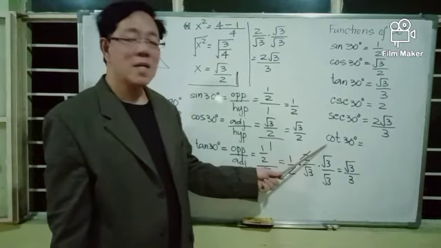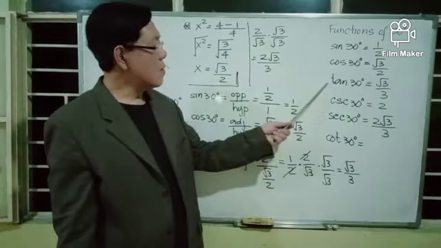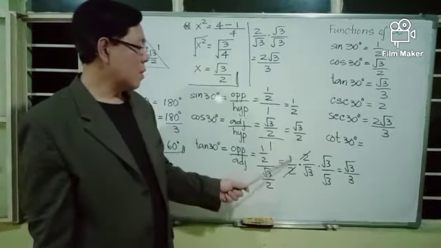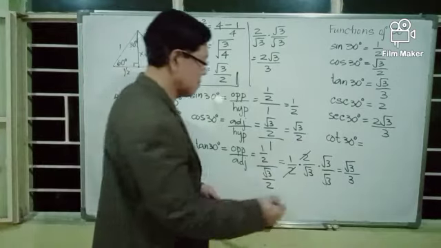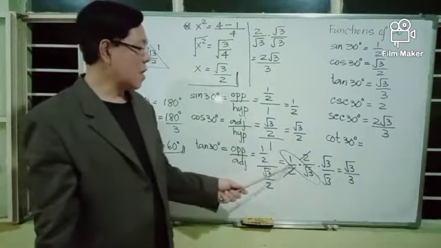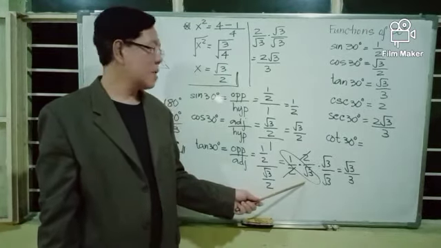But we obtained the cotangent of 30 degrees from the original value of tangent of 30 degrees, which is 1 over square root of 3. The reciprocal of 1 over square root of 3 is square root of 3.